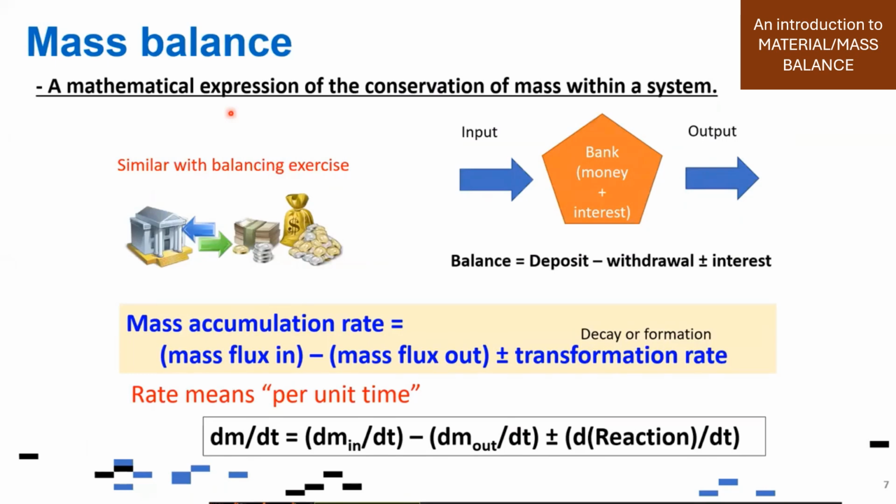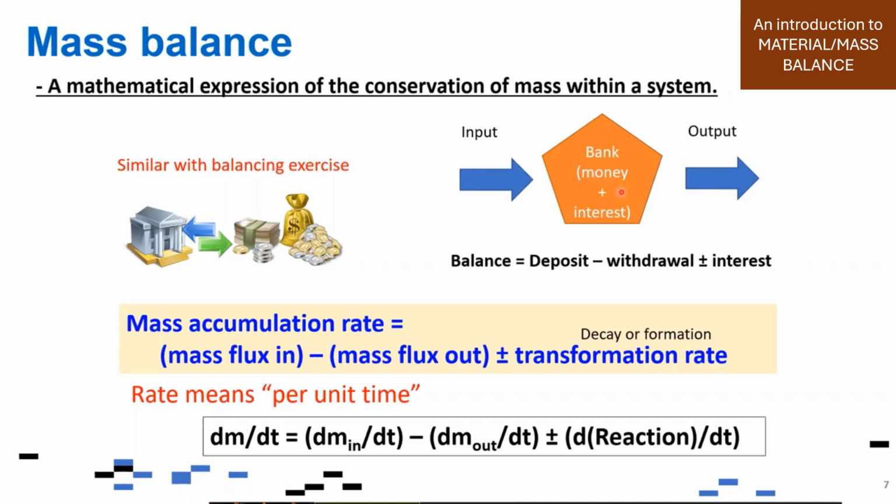All right. So mass balance is basically like a process of depositing and withdrawing in a bank. It's like a mathematical expression of the conservation of mass, so we need to express this in terms of an equation. Just like in a bank, you make a deposit, and the money could have an interest, it could grow.